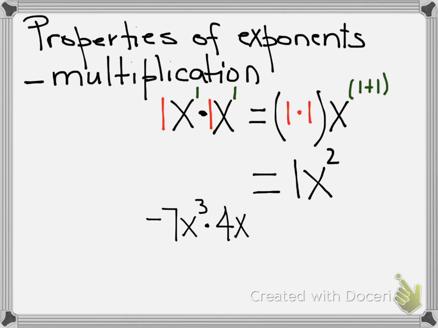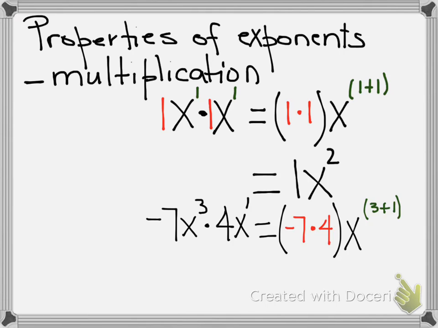Now, let us look at another one. Here we have negative 7x cubed times 4x. We're going to follow the same protocol, which means we're going to multiply the coefficients that are in front of the letters, and we're going to add the exponents. In this case, the coefficients are negative 7 times 4, all right?